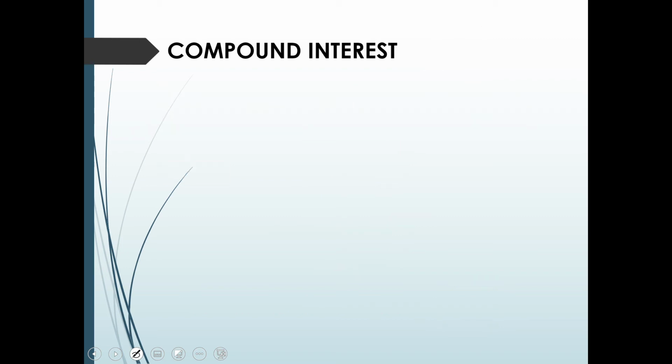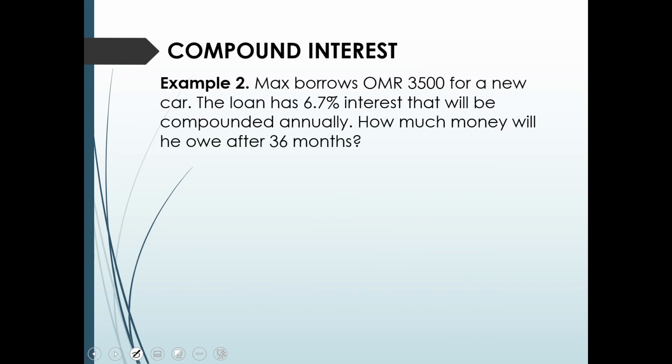So the amount of money your A will be after 5 years is 1,446. Another example. Max borrows 3,500 for a new car. The loan has 6.7% interest that will be compounded annually. How much money will he owe after 36 months?